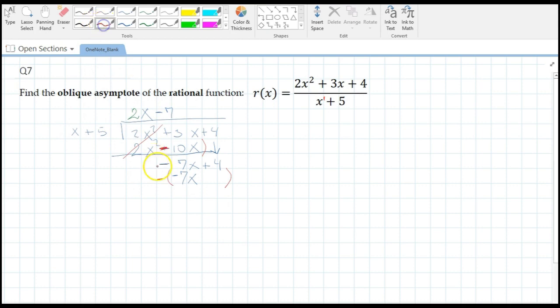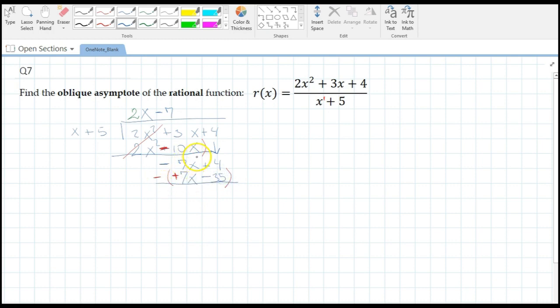And when I distribute the sign, I changed the wrong one. When I distribute the sign, negative times a negative is going to give me a positive. That's what I'm looking for, because I need them to be the opposite. Now, I need to multiply negative 7 times 5. That is going to give me a negative 35.